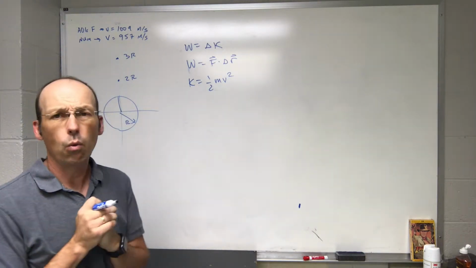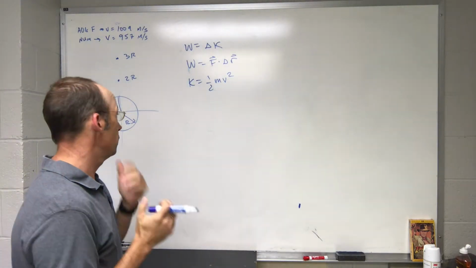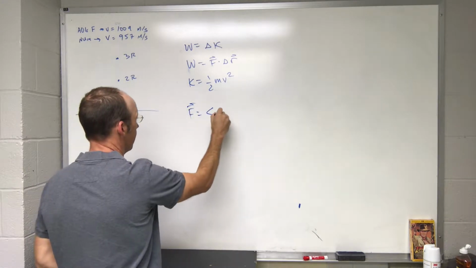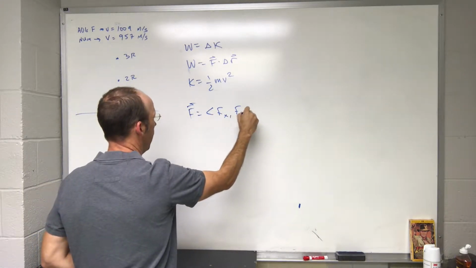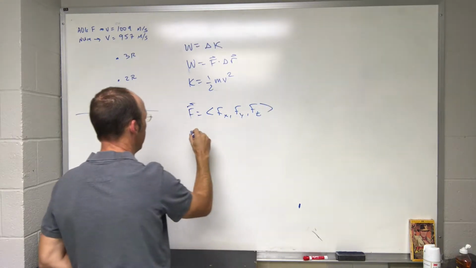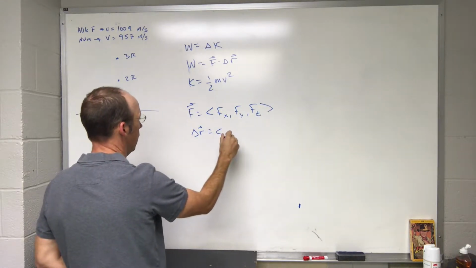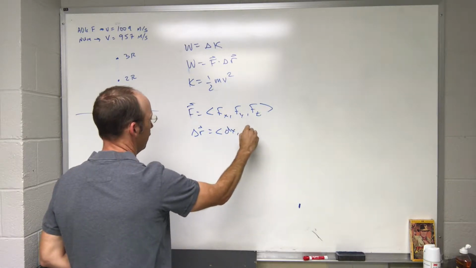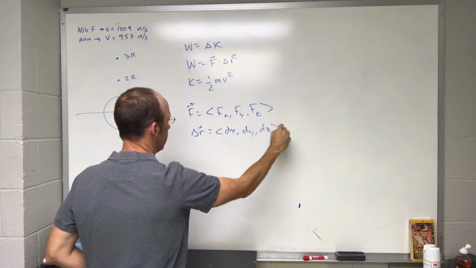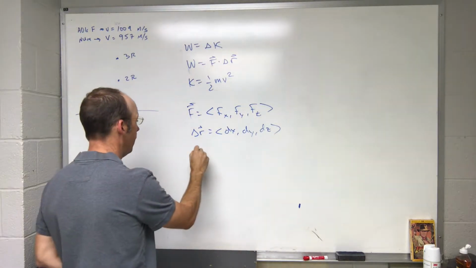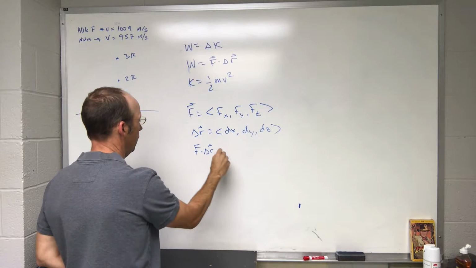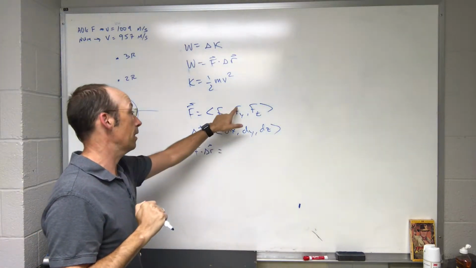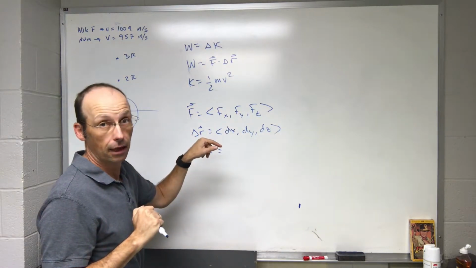Okay, the first thing is what's F dot delta R? So this is the dot product. If I have F as some vector Fx, Fy, Fz, and delta R as dx, dy, dz, then F dot delta R, the dot product, I take the x components of the 2 vectors and multiply them together, add that to the y components multiplied together, and the z components.